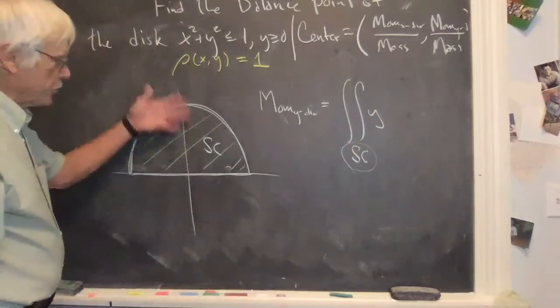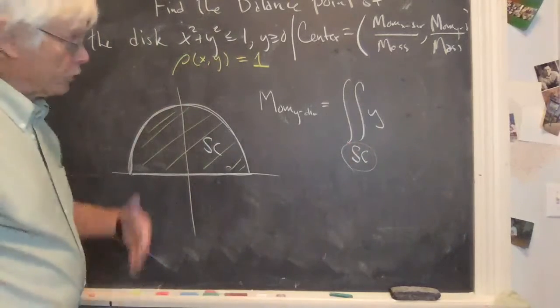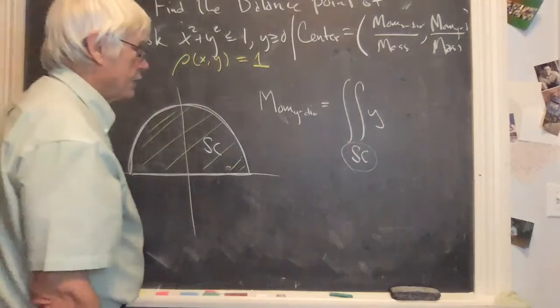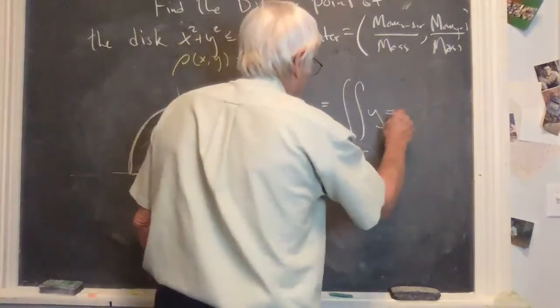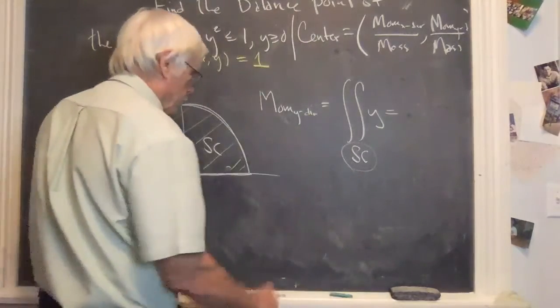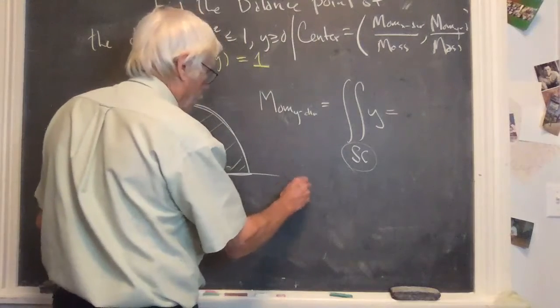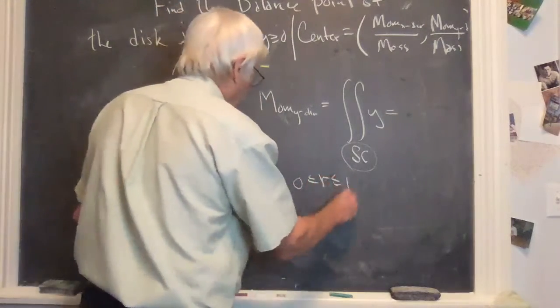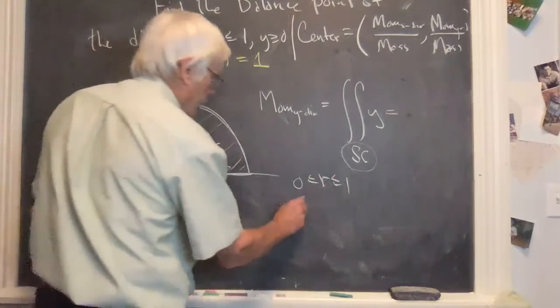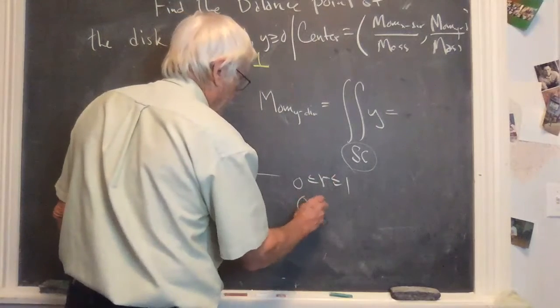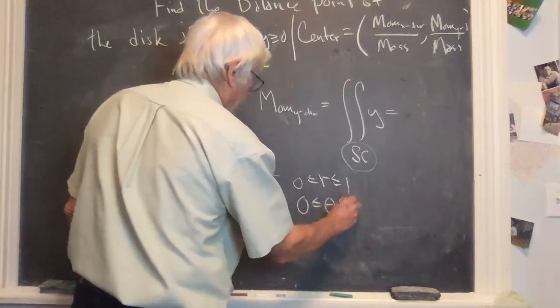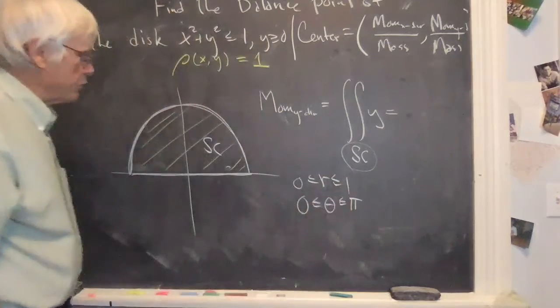We can use Cartesian coordinates, but this is sort of set up for polar coordinates. So I'd like to do a polar integral. If you do a polar integral, r will be between 0 and 1, and theta will be between 0 and pi. That describes the region polarly.